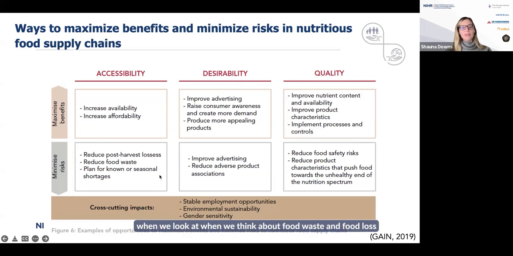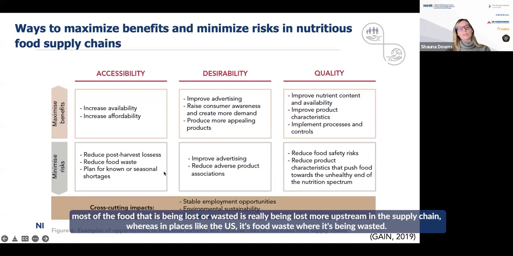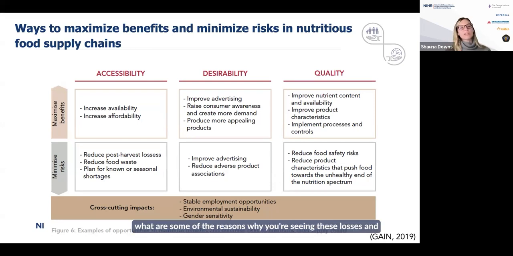When we think about food waste and food loss, obviously in LMICs, most of the food that is being lost or wasted is really being lost more upstream in the supply chain, whereas in places like the US, it's food waste where it's being wasted at the consumer retail level. So you can identify what are some of the reasons why you're seeing these losses. And a lot of times it's related to storage.